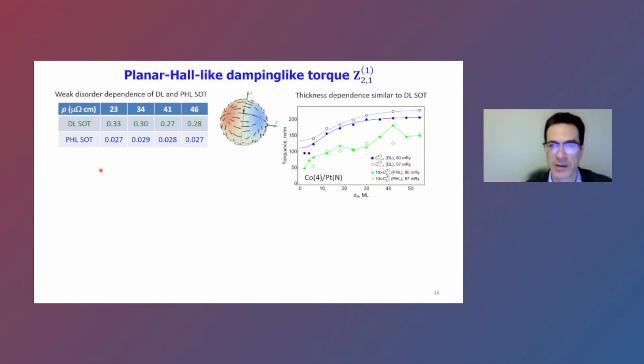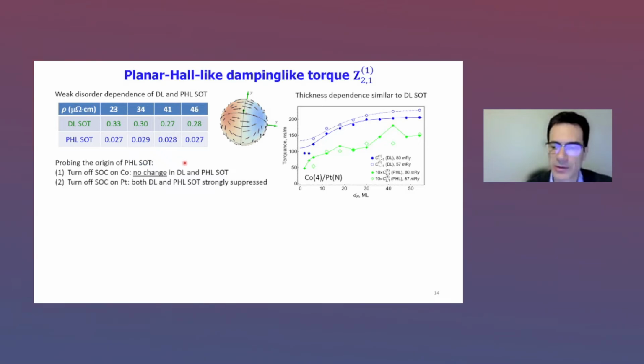And we can also probe the origin of this term by turning off spin-orbit coupling in different parts of the system. And it turns out that if we turn off spin-orbit coupling in cobalt, then essentially nothing happens to these two terms. But if we turn it off in platinum, then both of these terms are strongly suppressed and essentially become zero.